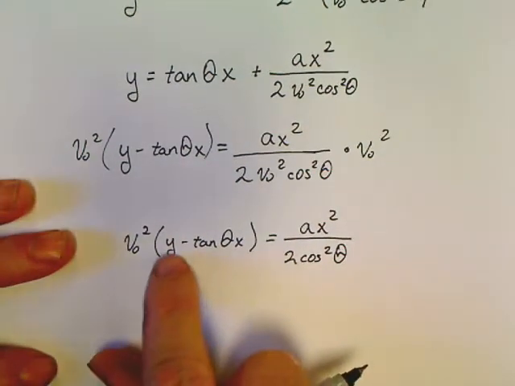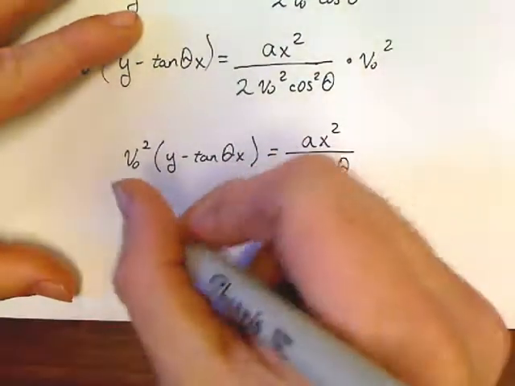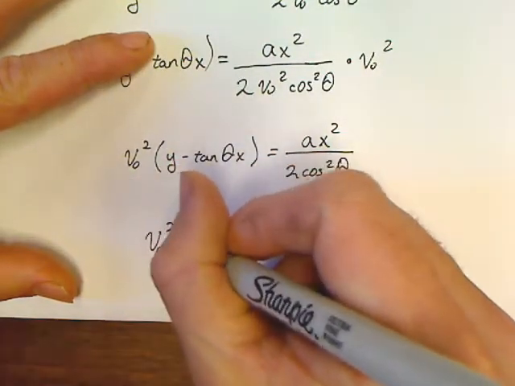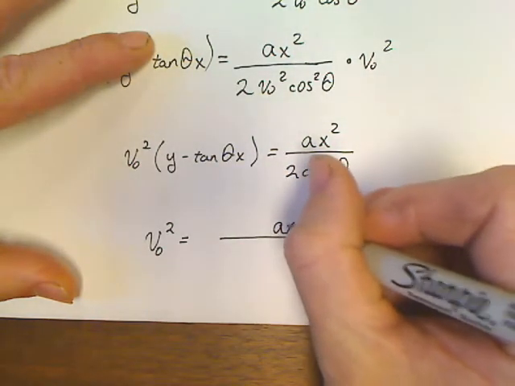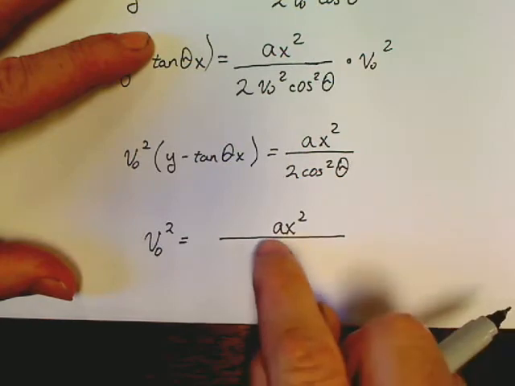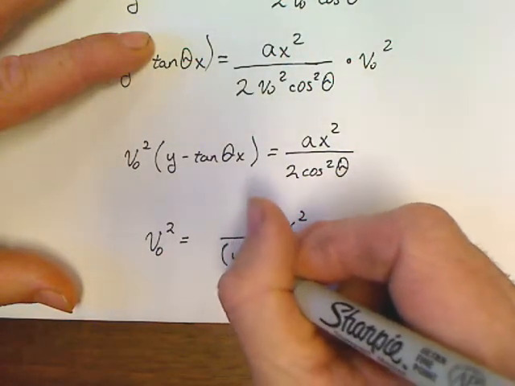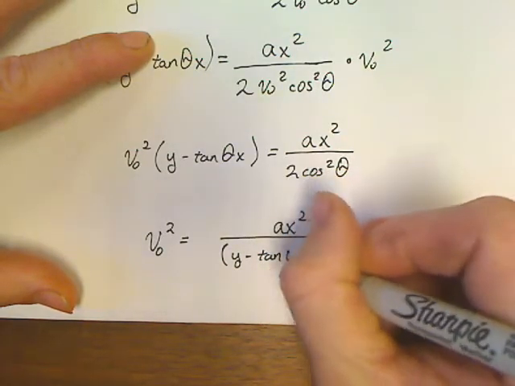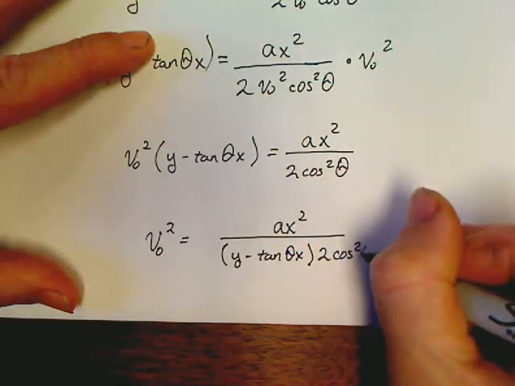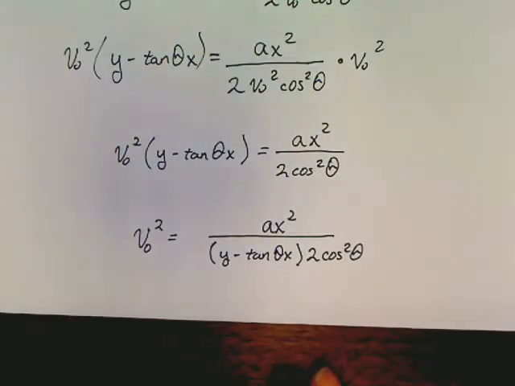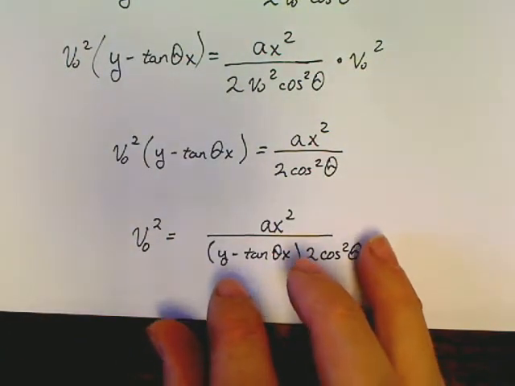Goodness. Now, divide both sides by y minus tangent theta x. I'm running out of room. V0 squared would be equal to, check this thing out, ax squared on top. a is negative 9.8. And on bottom we're going to have y minus tangent theta x times 2 cosine squared theta. And then if you wanted V0, take the square root of this entire thing.